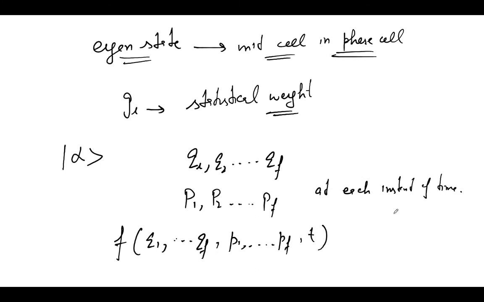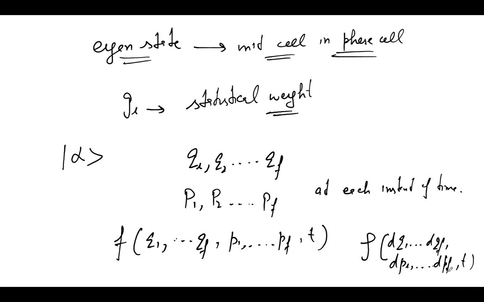Therefore the probability that a system is found in the interval dq1 to dqf, dp1 to dpf at time t is generally represented with the density function, which is a function of the position coordinates, the momentum coordinates, and time t.